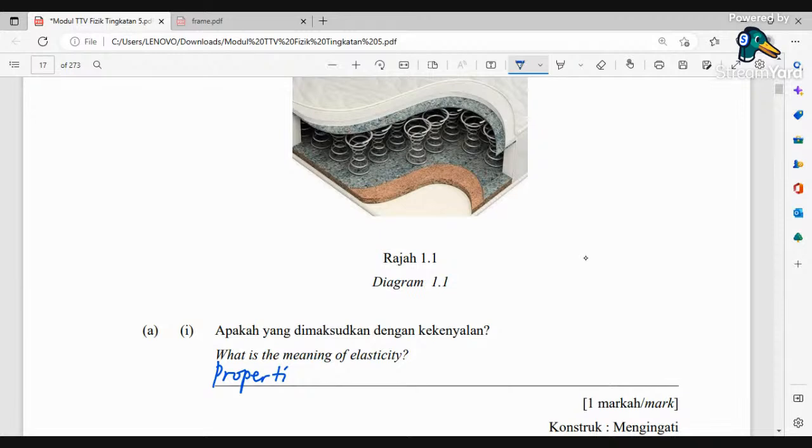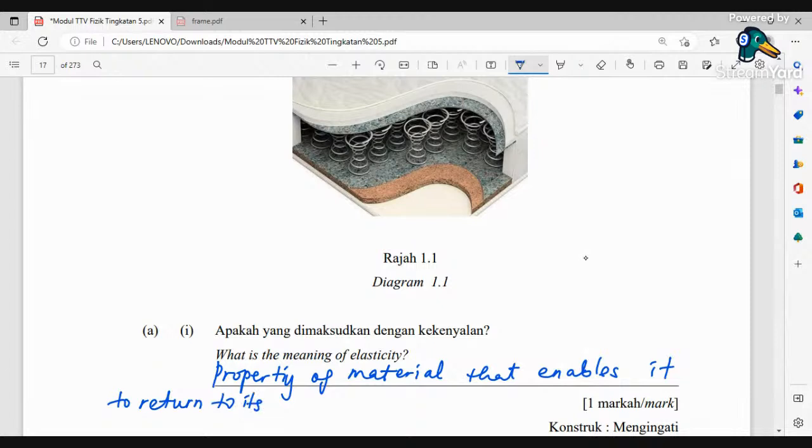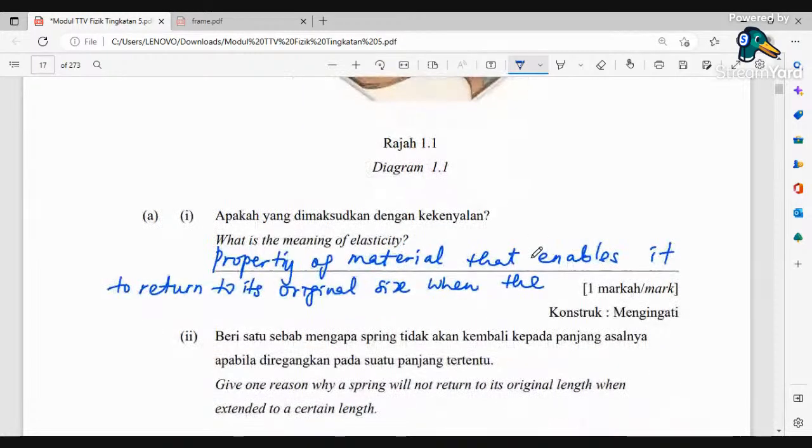Property of material that enables it to return to its original size when the force applied is removed.